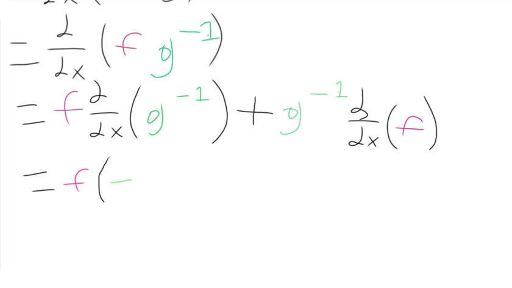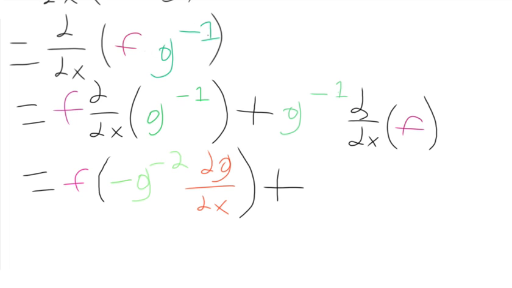And then the input stays the same, so that's our g. But now we have to subtract 1 from the power. So this is now being raised to the negative 2 power. But don't forget the chain rule. Multiply by the derivative of the inside function.